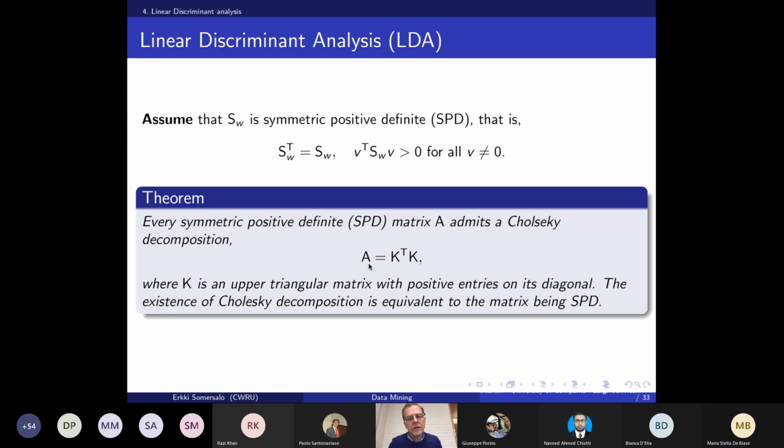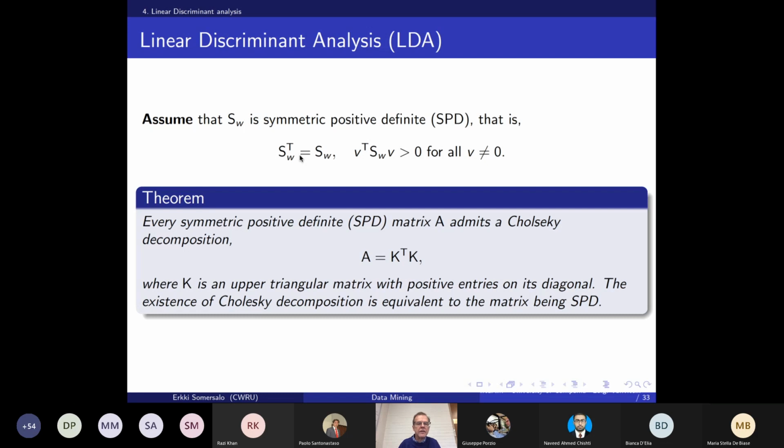And when you have this Cholesky decomposition, there are efficient algorithms to calculate it, and you know that this matrix K is invertible, so you can always calculate the inverse of K because the diagonal entries are all positive. Now, I'm assuming here that my within cluster scatter matrix is symmetric positive definite.